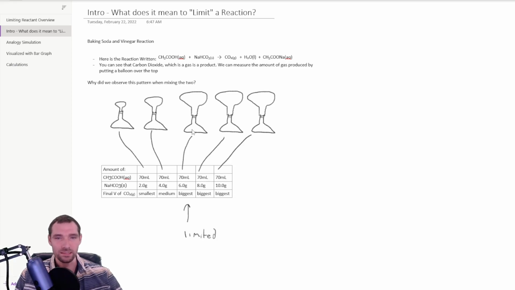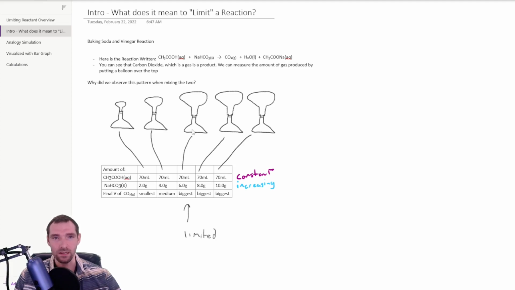And so you can see that this was a constant right here. We just had this was constant. And then we had this was increasing. So we had the solid was increasing. And basically, it seems that at this point they both were able to react as much as they could. And then it doesn't really matter if you add more solid because we have used up all of the other reactant.